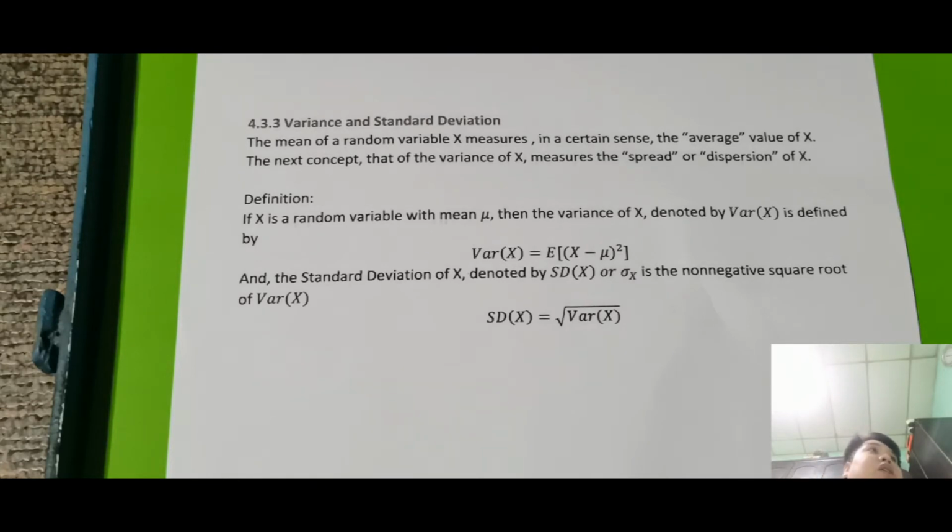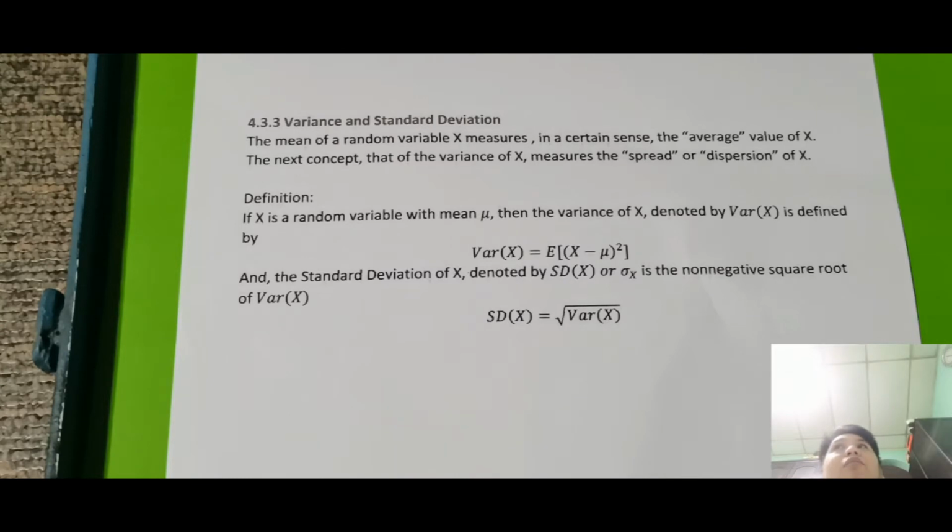If I connect it to your physics, or something like mathematical physics, I don't know if that's the topic, or in engineering, or mechanics, yes, mechanics. If you're in engineering, if we put the random variable on the x-axis, the average or weighted value is the mean, or our expected value.